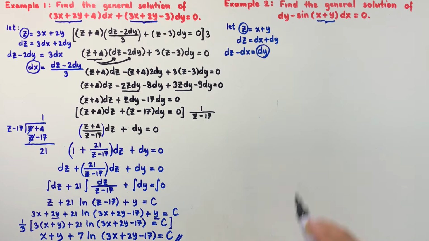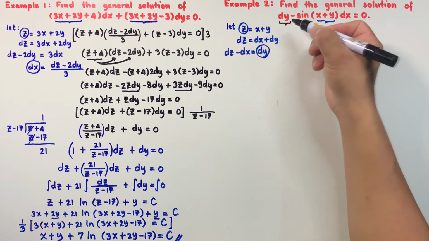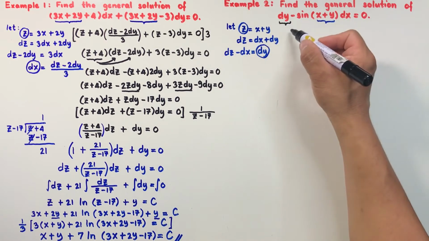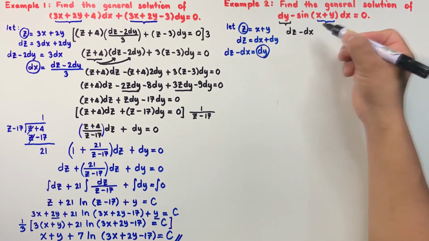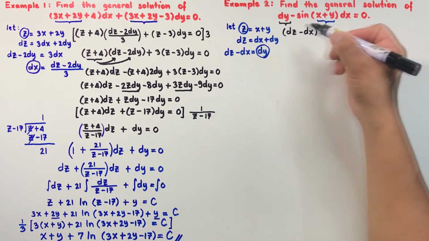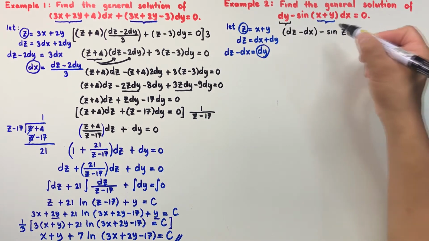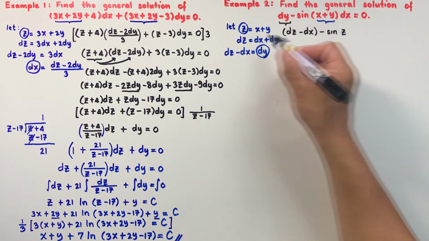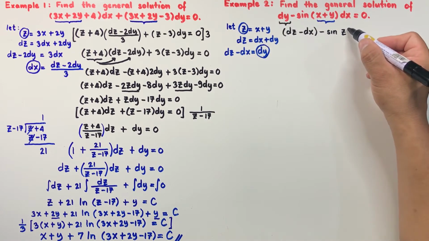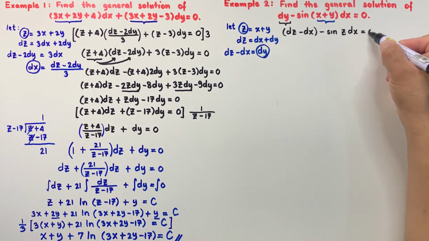So looking at our differential equation, we can substitute our dy here by our representation, which is dz minus dx, and this is subtracted by our sine z, because instead of writing x plus y, we will write its representation, which is z, and this is multiplied by dx here.